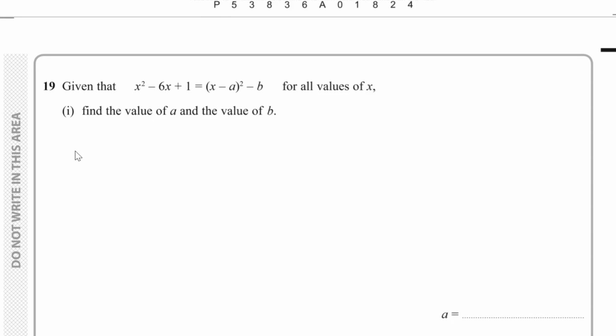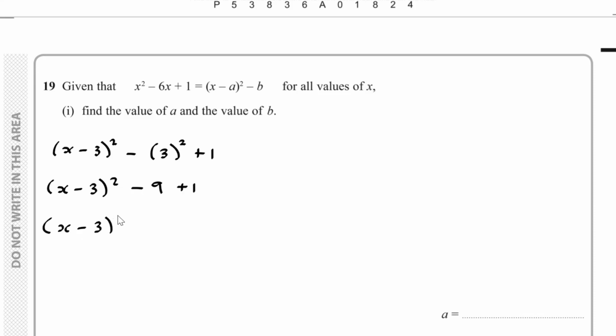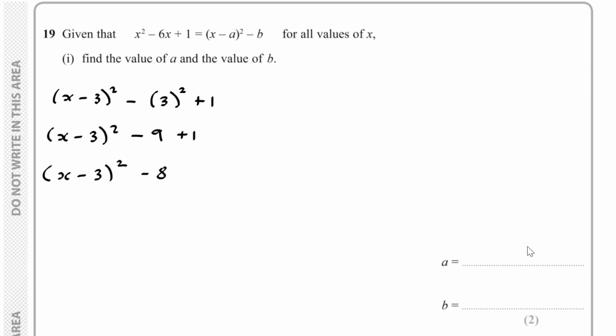So if we complete the square, halving the coefficient of x, we have x minus 3 all squared, we subtract off the square of 3, and then we still have this plus 1. So we have x minus 3 all squared minus 9 plus 1. So we have x minus 3 all squared minus 8. And hopefully you can see here a is equal to 3, b is equal to 8.